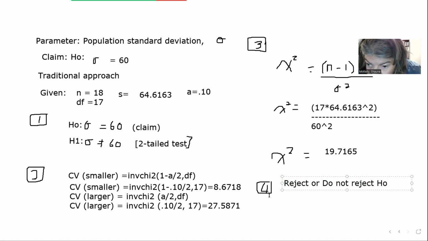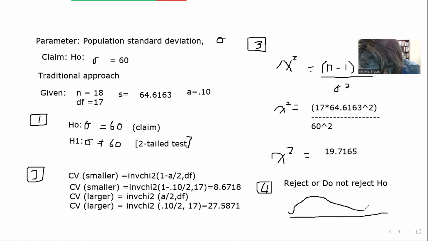So let's look at our drawing and let's see where we are. Remember, we draw when we are doing the traditional approach. And it's a two-tail, so I have a critical value there, and I have a critical value here.